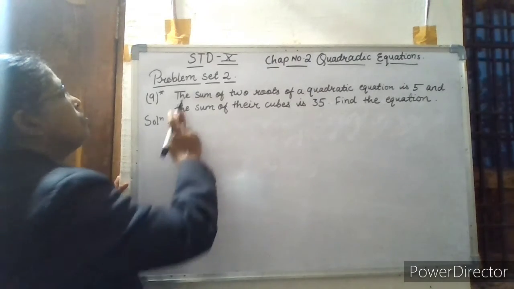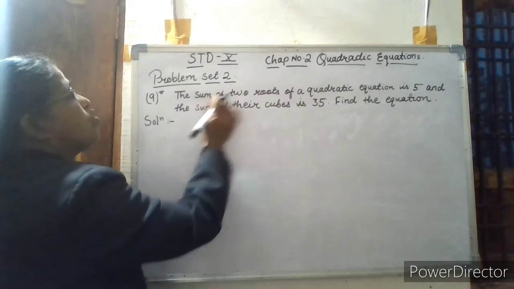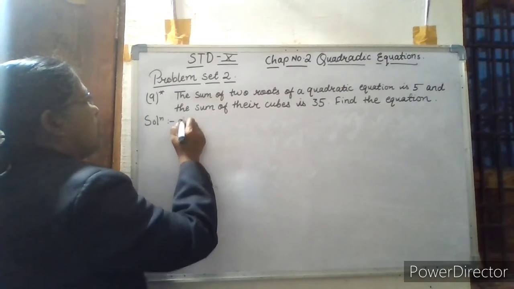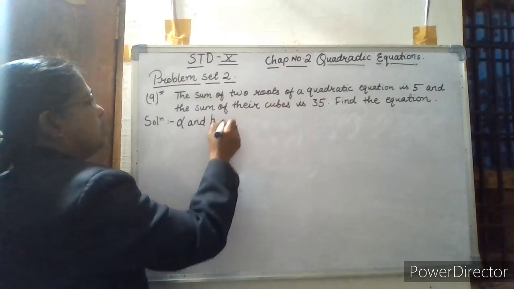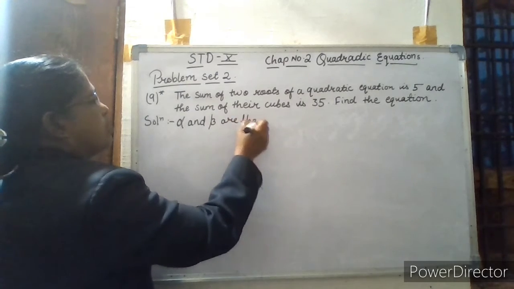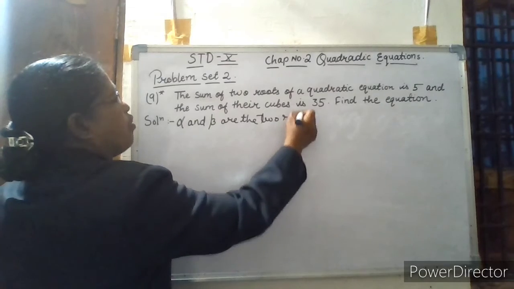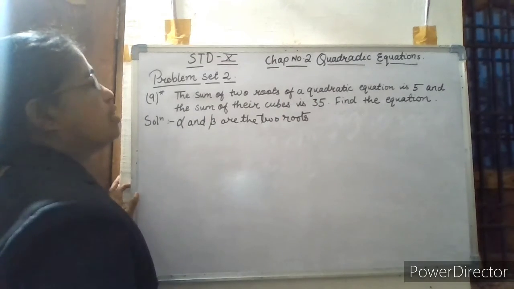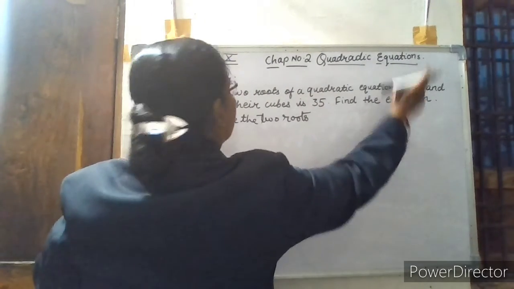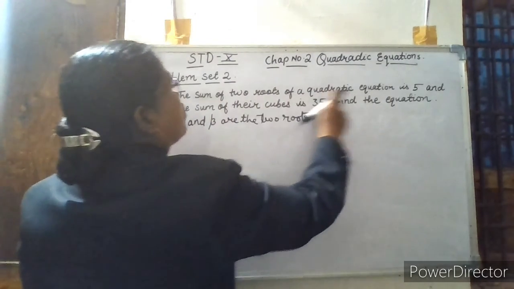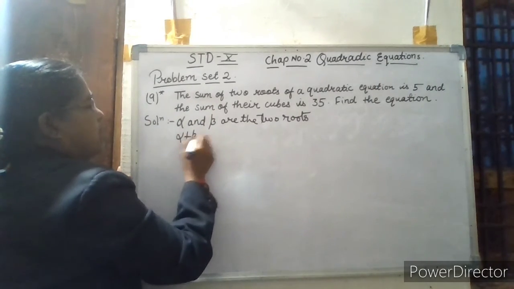Now it is given the sum of the two roots. So two roots means alpha and beta. Alpha and beta are the two roots of the quadratic equation. So the sum of the roots is 5. That means alpha plus beta is equal to 5.